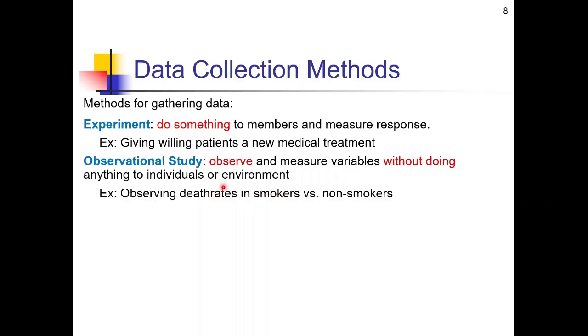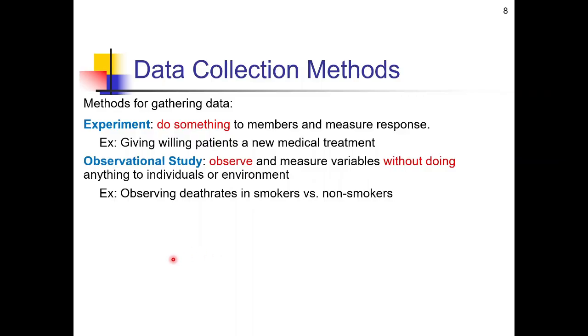We're just looking at people who smoke and don't smoke, seeing how long they live, and doing nothing actively ourselves in the process, but we are taking notes and seeing if there's a difference. So observational studies are a big go-to in situations like this and in other places where it would not be ethical to do something to the patients, even if they are willing. So definitely a big piece to have in your toolkit when you're collecting data.